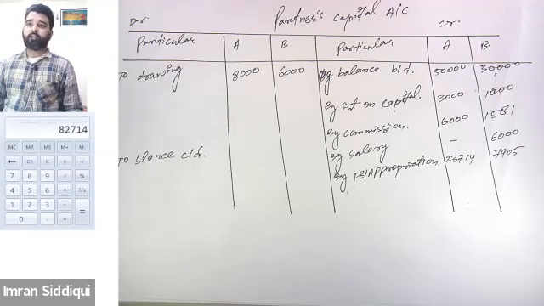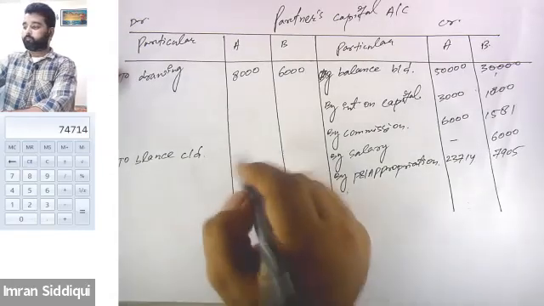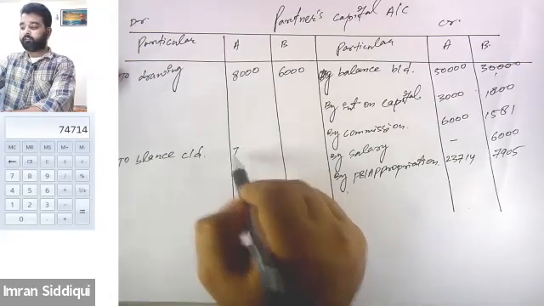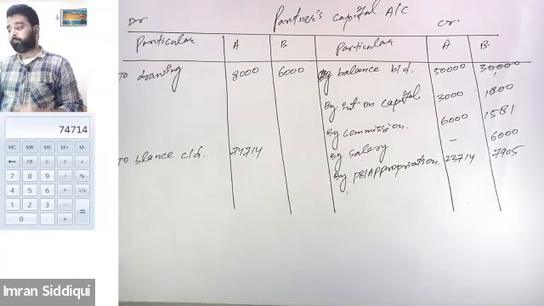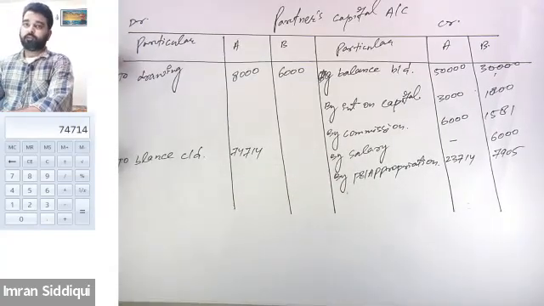This is the credit balance of partner A. Out of this, we subtract 8,000 that he has withdrawn. The remaining amount that belongs to A is 74,714. This is the closing balance of the capital for Mr. A.